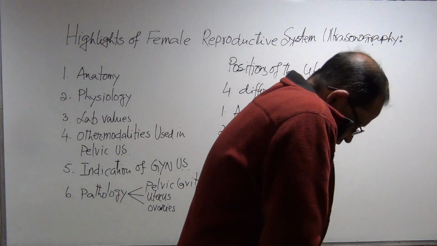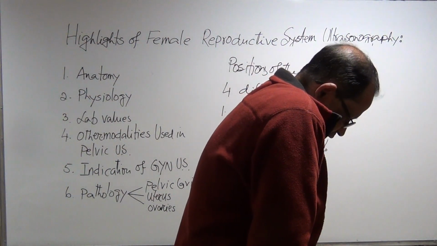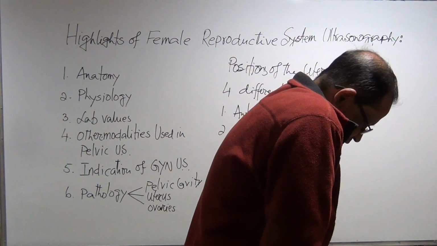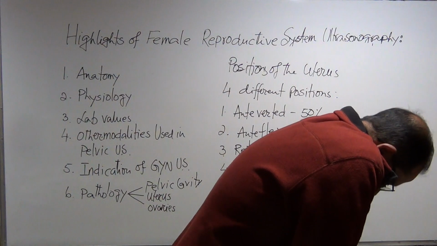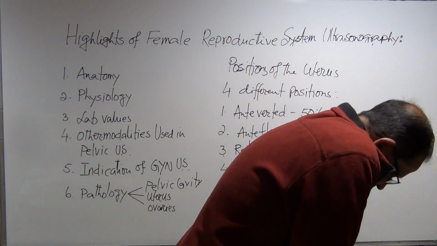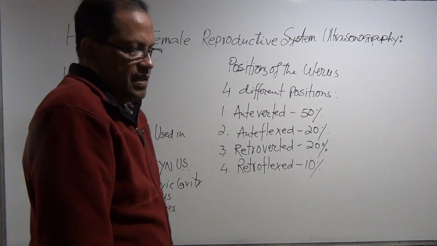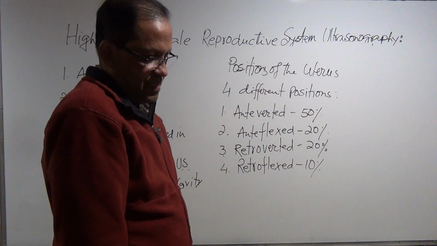But if my body and the fundus is flexed from the isthmus at 90-degree, that is anti-flexed.